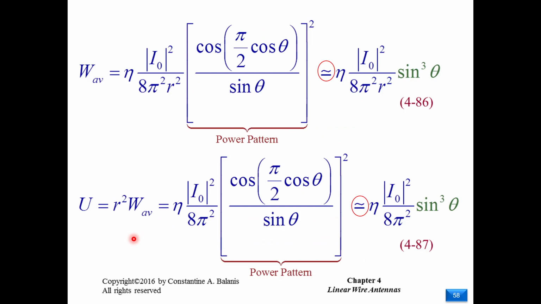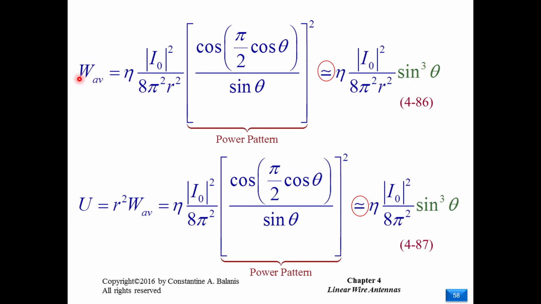So in order to complete the analysis, we need to calculate the radiated power. The average power density is proportional to the square of the fields, and there is a famous approximation that we're going to talk about shortly for this function here, where the term between brackets is approximately equal to sine theta to the power 3.